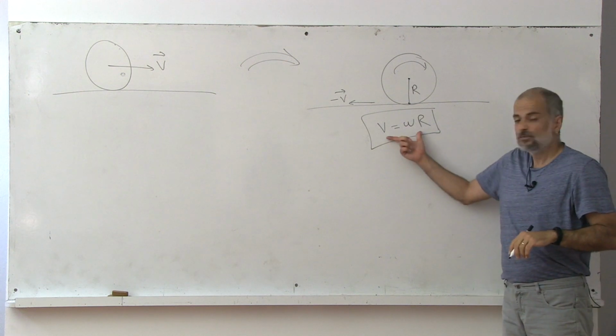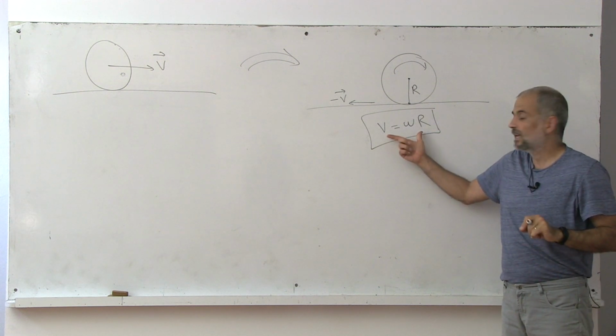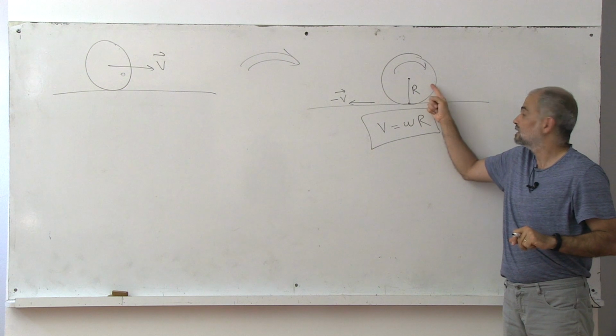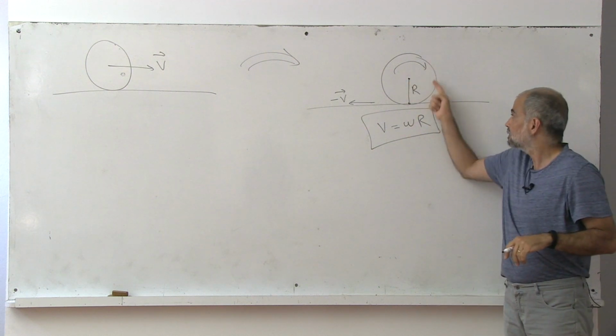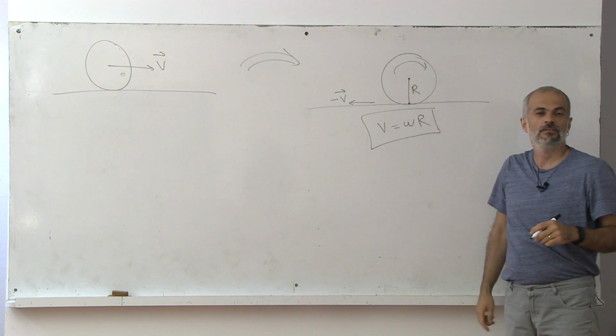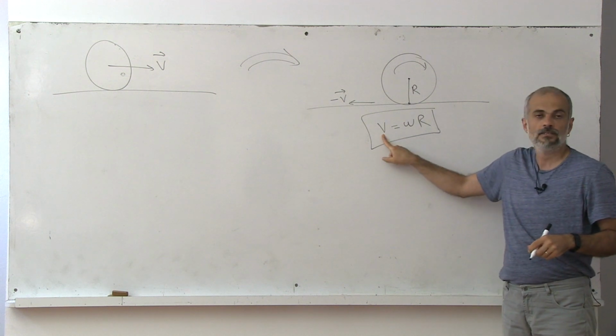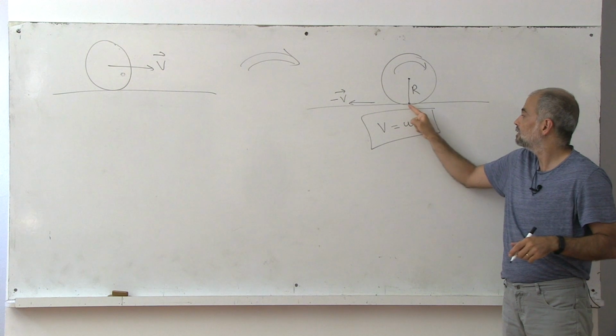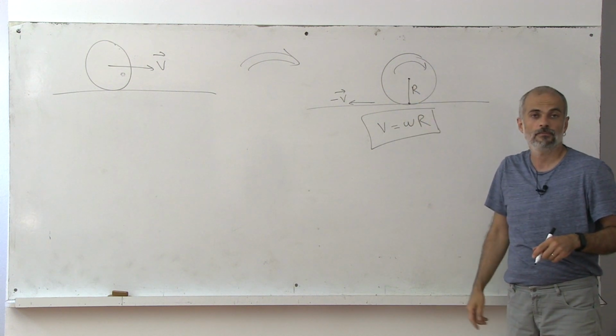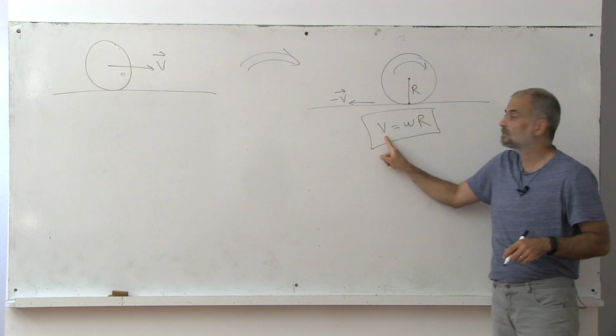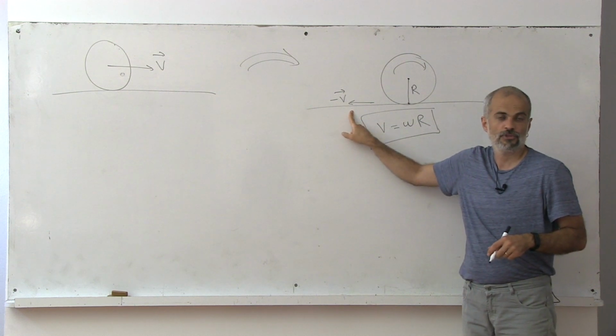Note that this relation holds for every point on the surface of the ball, whether the ball is slipping or not. This relation is always true if v is the speed of the point on the ball. But here v is the speed of the floor, not of the ball.